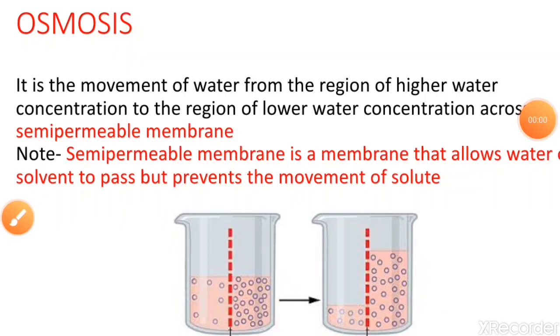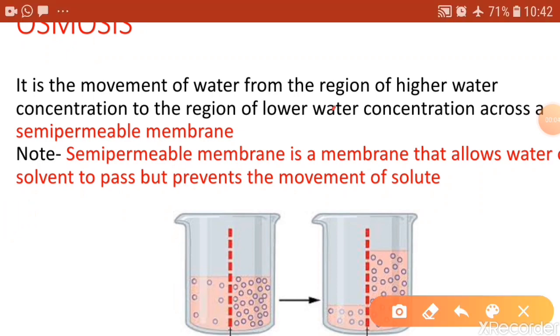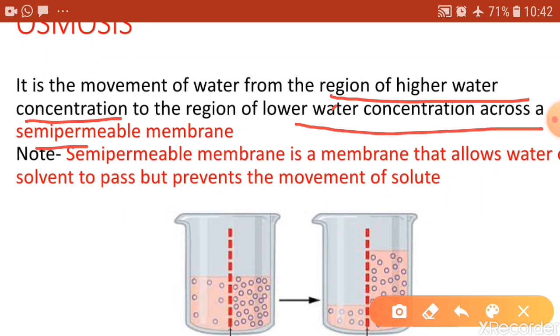Study about osmosis, which is the movement of water molecules from the region of higher water concentration to the region of lower water concentration across a semi-permeable membrane, right? And if you relate this definition with that of diffusion, osmosis is actually diffusion of water or solvent across a semi-permeable membrane.